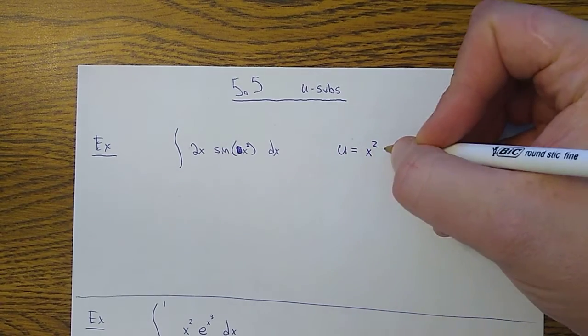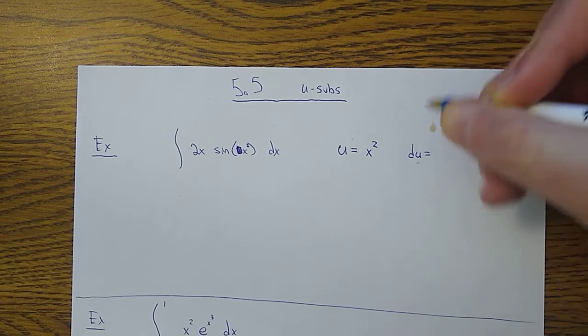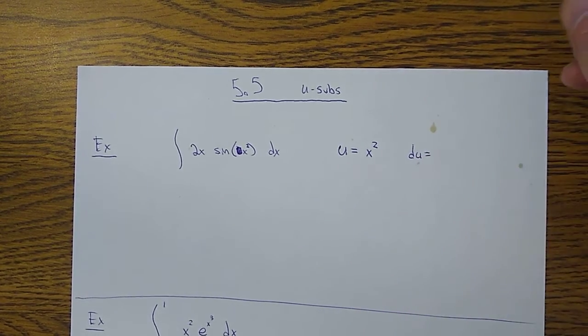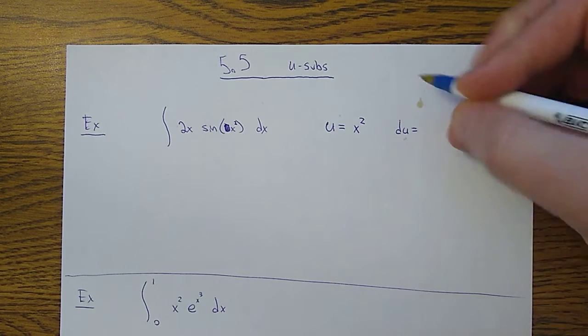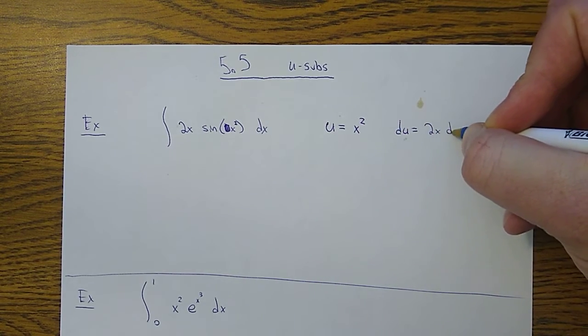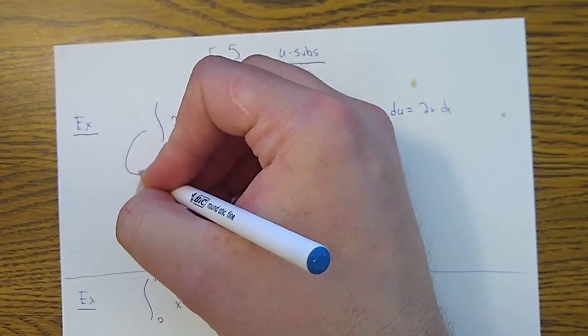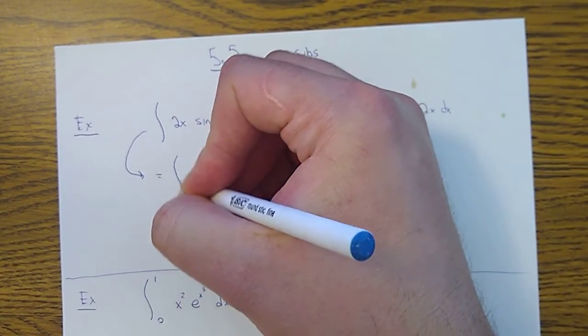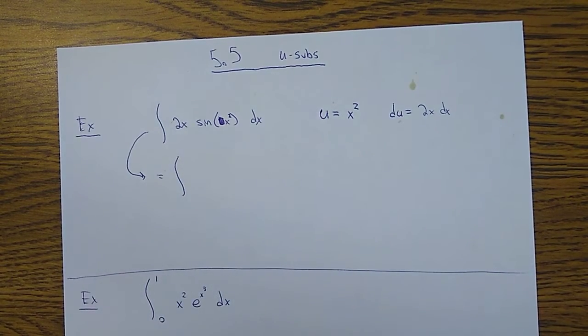What we need to do after we decide what U is, I have to write du. And we've done differentials before. This is just a differential. So I do the derivative of this, and then I write dx. So then what's going to happen here, I'm going to write this in terms of u now.